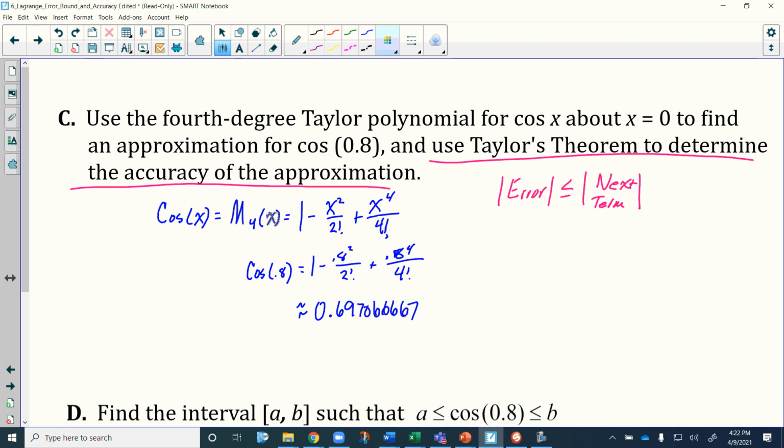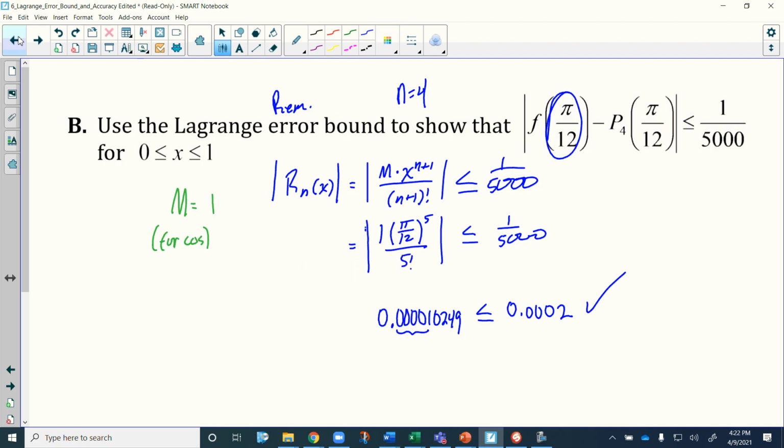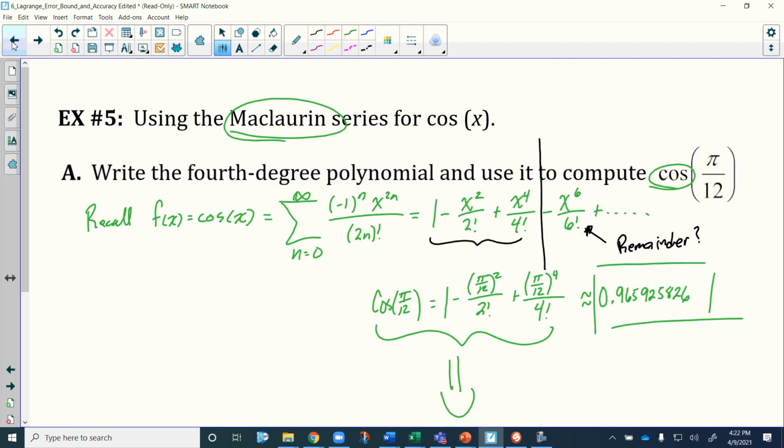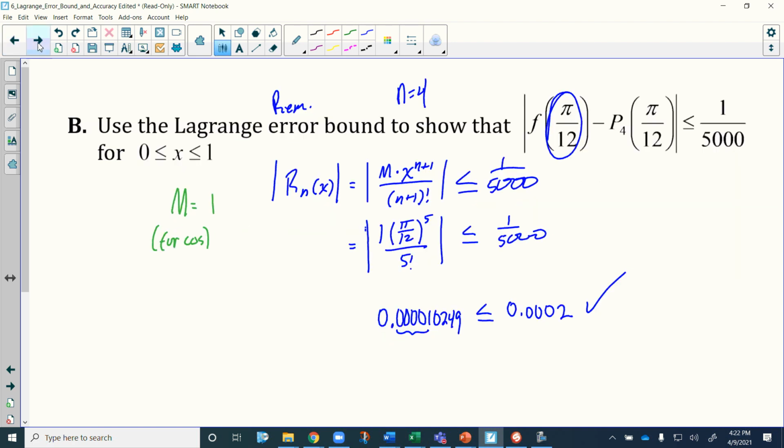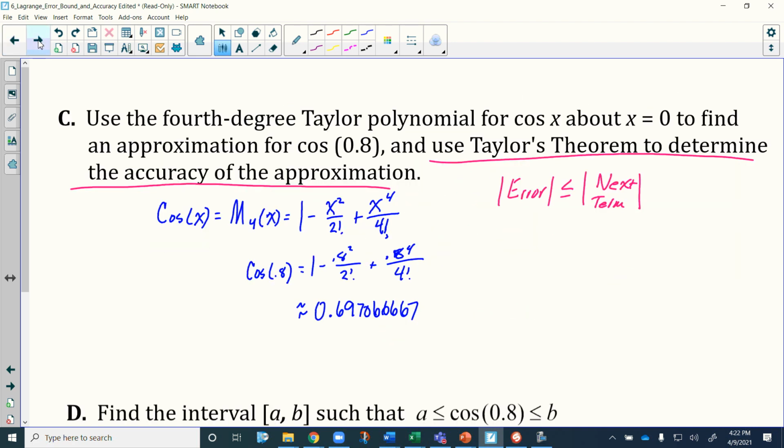Now, this is where I was telling you that this is an alternating series. So going back to part A, we probably wanted to use that bit there as our remainder, our error, to help us determine what the accuracy is. We already know that it should be x to the 6th power over 6 factorial.